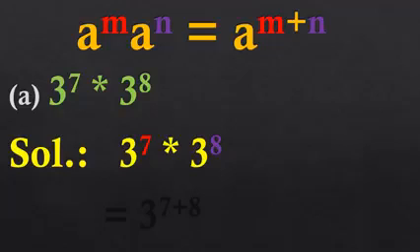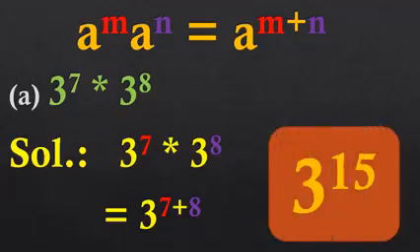So we need to copy 3 and we will add the exponents, that is 7 plus 8. So 3 raised to 7 times 3 raised to 8 is equal to 3 raised to 7 plus 8. Simplify, 7 plus 8 is equal to 15. That means 3 raised to 7 times 3 raised to 8 is equal to 3 raised to 15, using the first law of exponent.